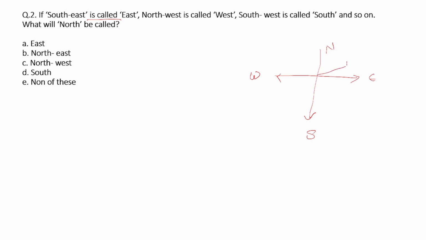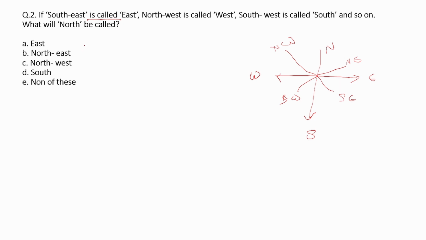This is our cardinal direction: north, east. This is south, east. This is south, west. This is north, west.